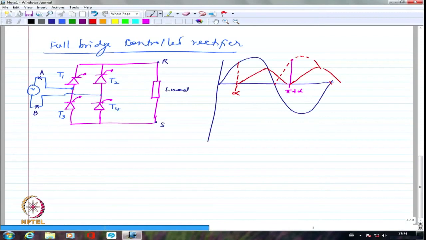If the inductance is strong enough, it would have stored sufficient energy to pull along the conduction even from 180 degrees to 180 degrees plus alpha. If the inductance is not sufficient, I am definitely going to have only a smaller amount of stored energy, because of which it will not be able to pull along for too long.